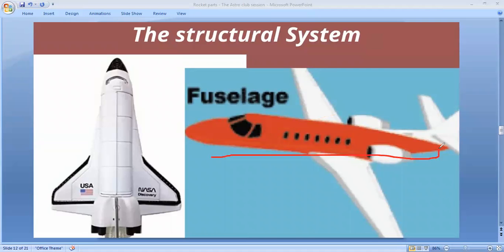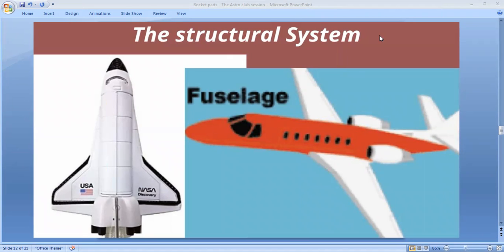This complete thing here is the body of the aeroplane. So this body of the airplane is called fuselage. In the rocket also, the structural system is similar to the fuselage of an aeroplane.